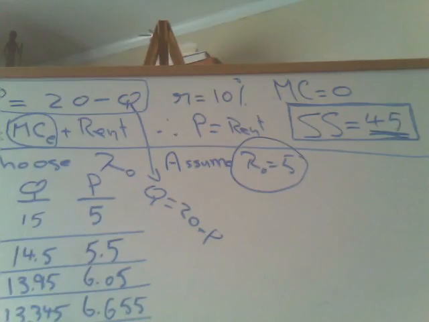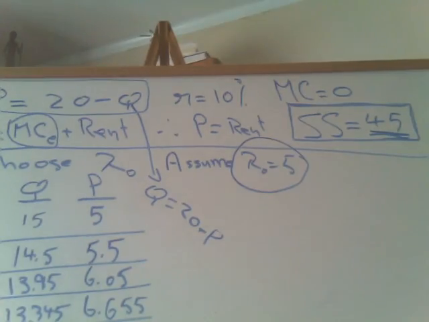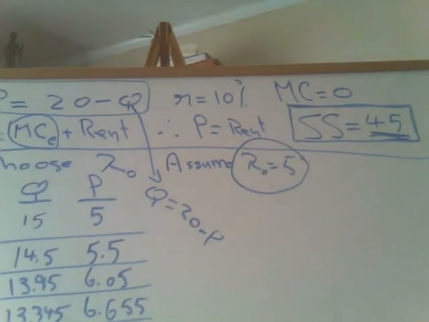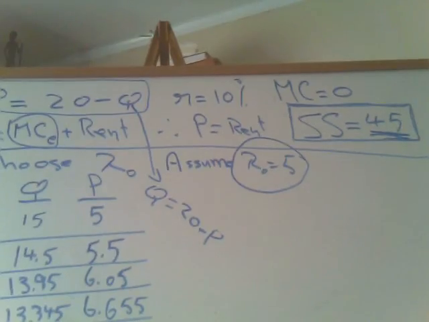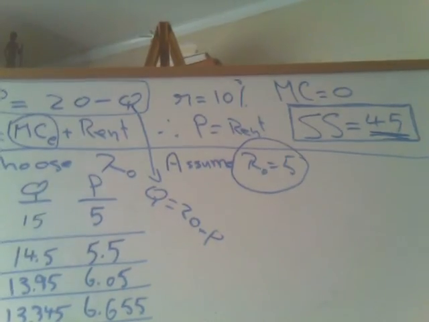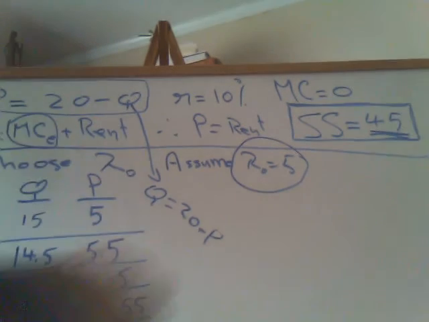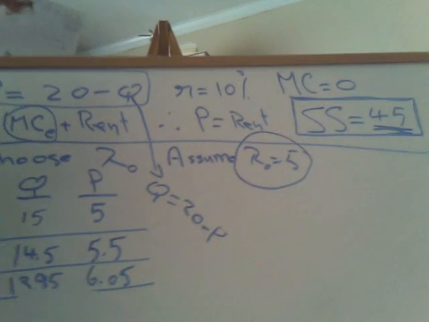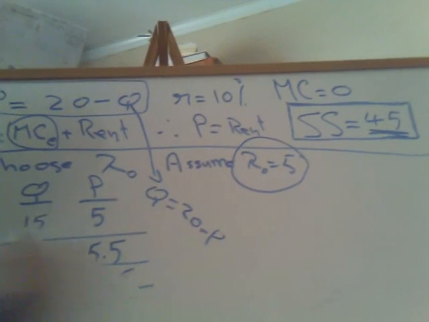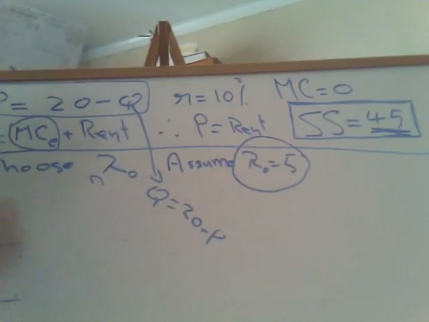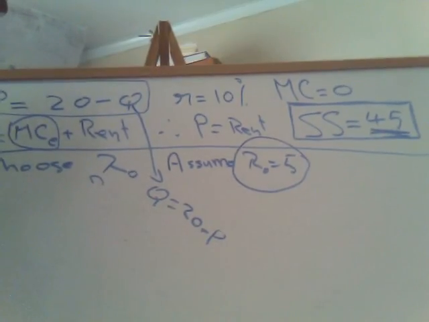If I use a lambda of 10, you are going to find out that it will almost work out in this particular case. Now for an exam, since we're not using computers, we're not going to be able to get an exact number.